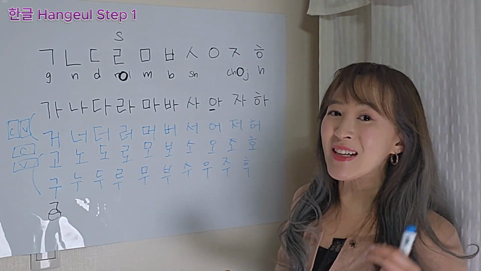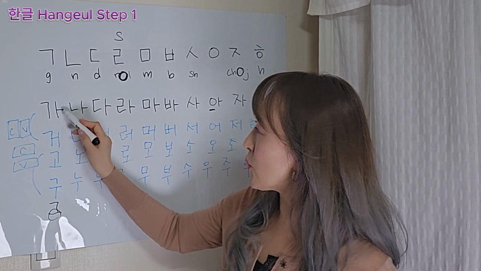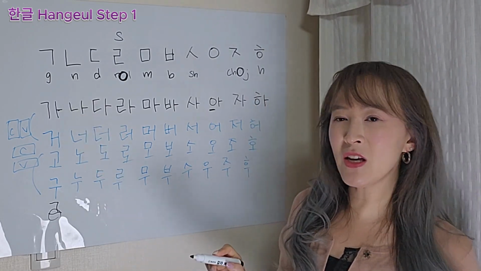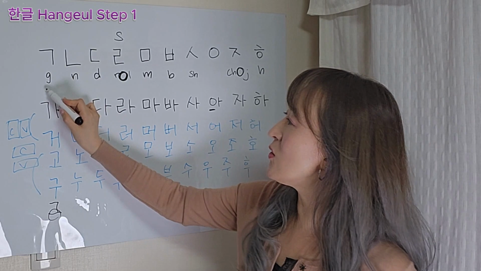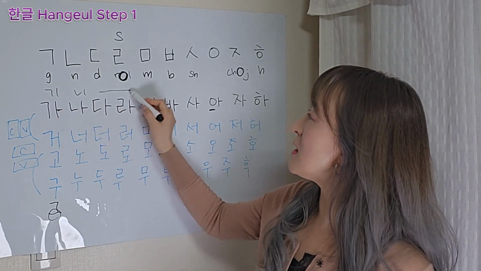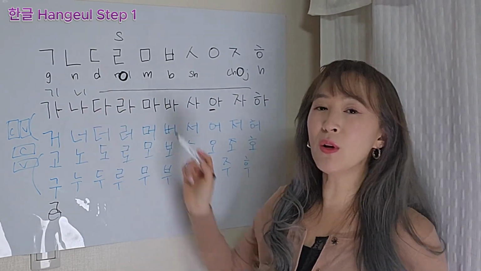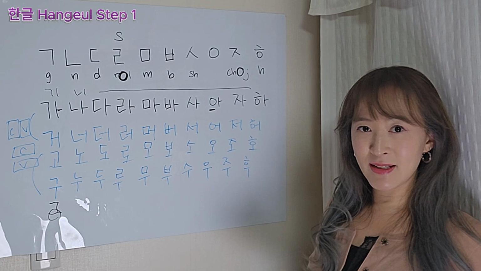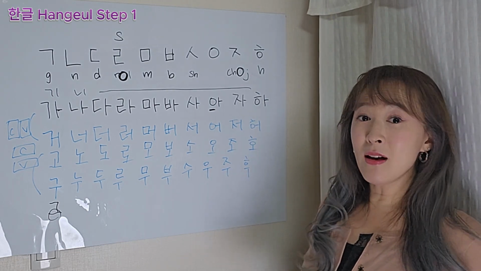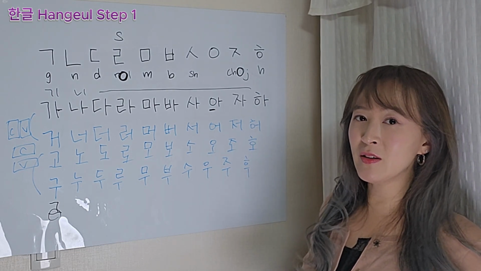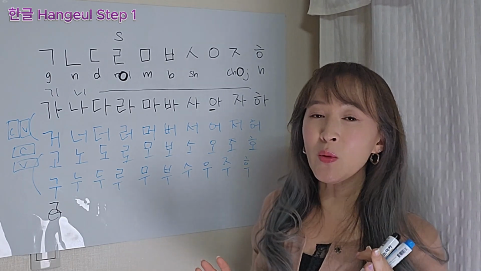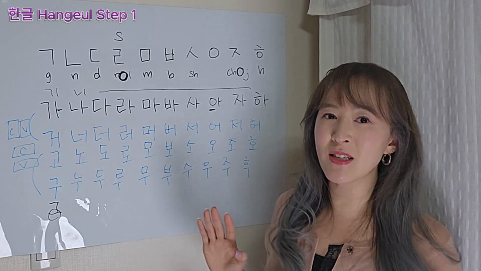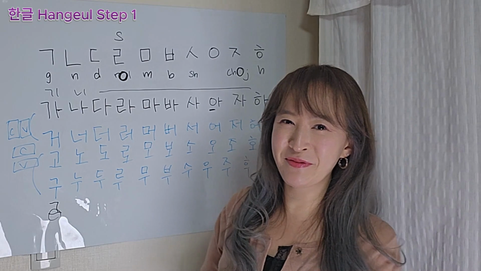And how about E? We put the line here, right? To the side of the consonant. So the E sound will be ki, ni, di, ri. It will go to the side. Very simple, right? Once you get used to the pattern, you will not only be able to read it, but you will easily be able to write it too.